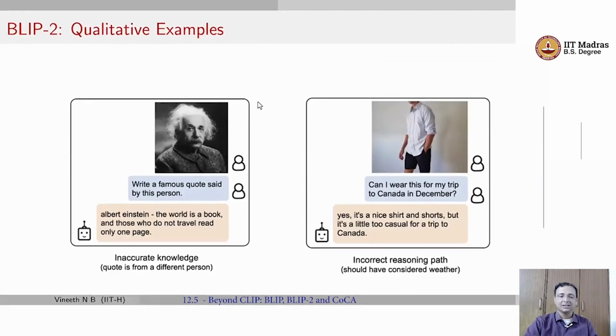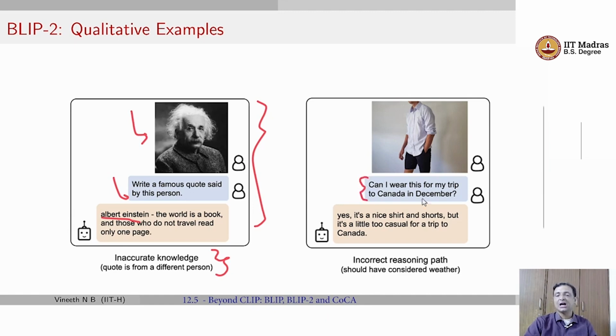Here is another example, which is I could say a failure case. Here is an image and here is the text input along with the image which asks to write a famous quote said by this person. The model says Albert Einstein, the world is a book and those who do not travel read only one page. Fair enough, but then this quote is from a different person, so it's not technically accurate.